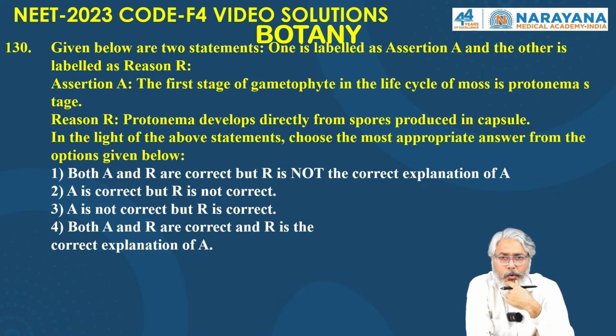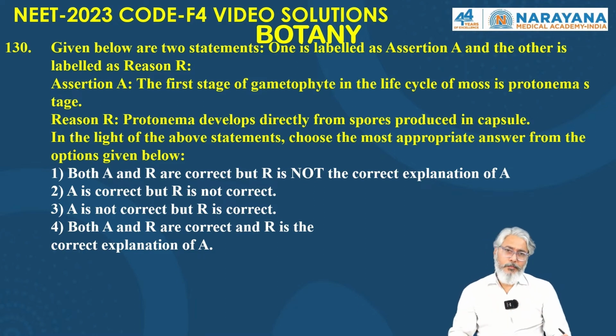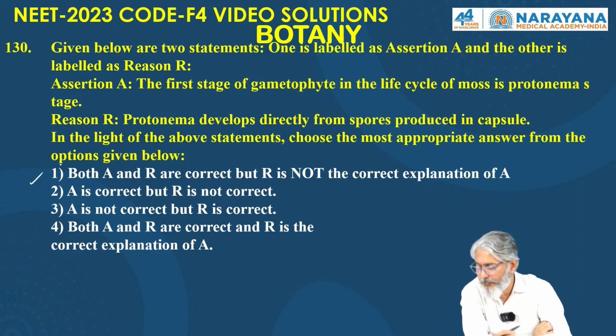But they are not telling about the ploidy levels in the R. So R is correct, A is correct, but without knowing the ploidy levels of capsule and spores, it is correct, but it is not the correct reasoning of A. So you can see the first option here.